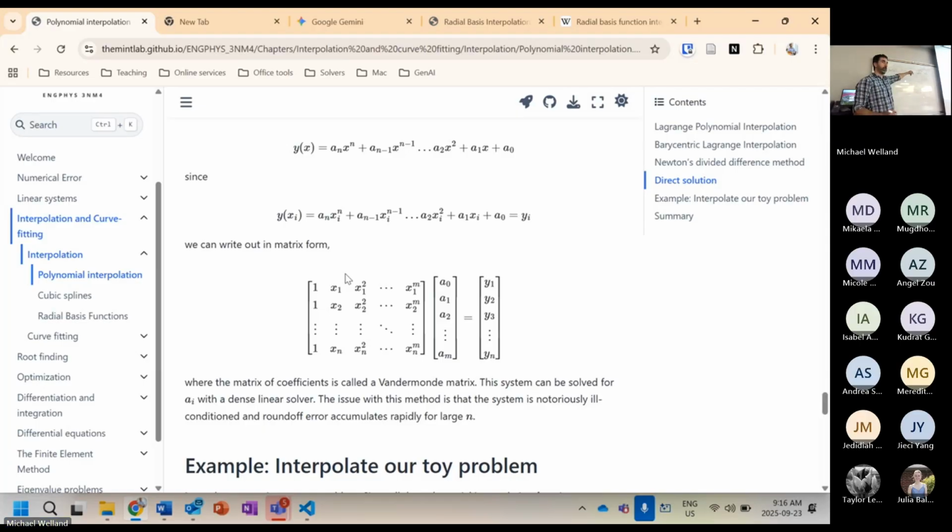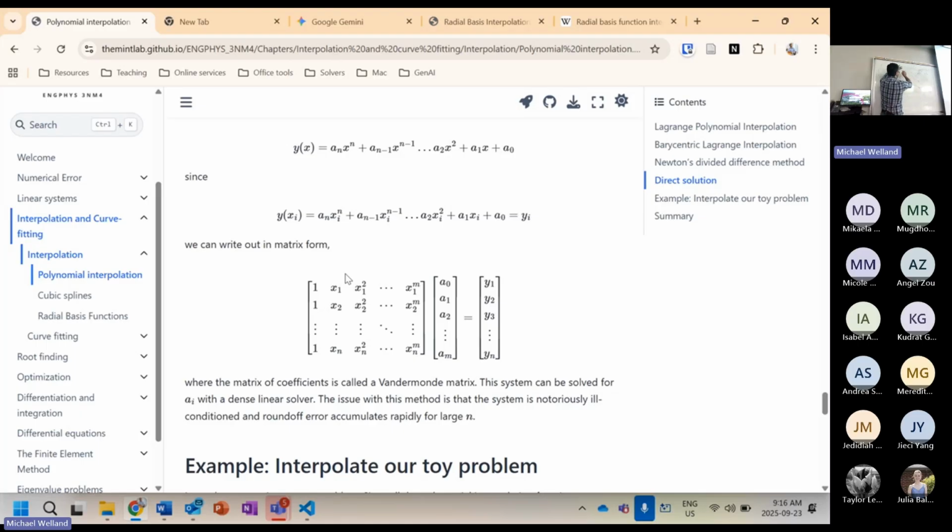Everybody see that? Repeat for x2: a2 x2 squared, plus a1 x2, plus a0 is equal to y2. See where I'm going here? Then a2 x3 squared plus a1 x3 plus a0 is equal to y3. If you don't see it yet, keep staring at it, and this will turn into a linear system.